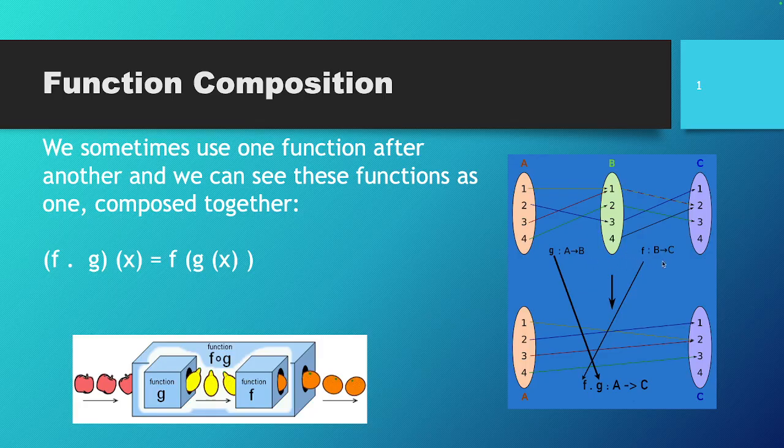So the composed function is from A to C. So you send in A's and you get C's.